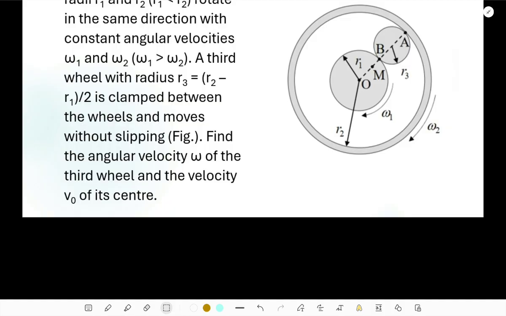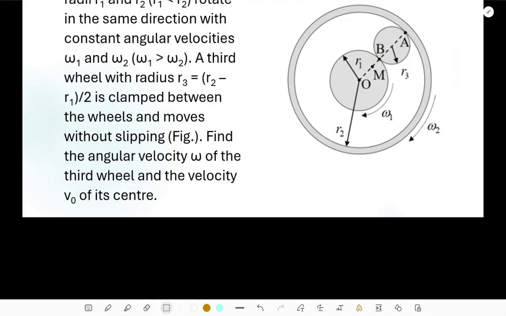That means, tell me whether I'm right or wrong, the velocities of points A and B coincide with the velocities of points located on the rims of the corresponding wheels. The velocity of A should coincide with the bigger wheel and that of B with the smaller wheel.